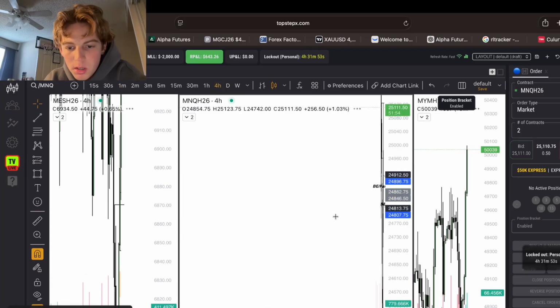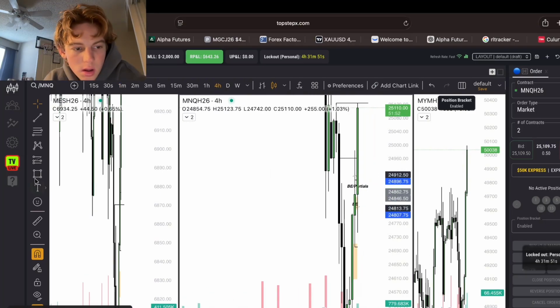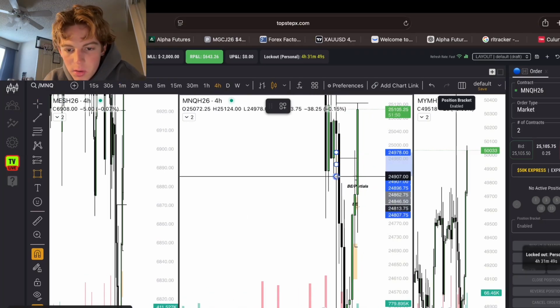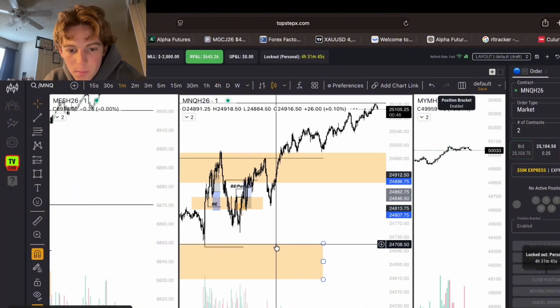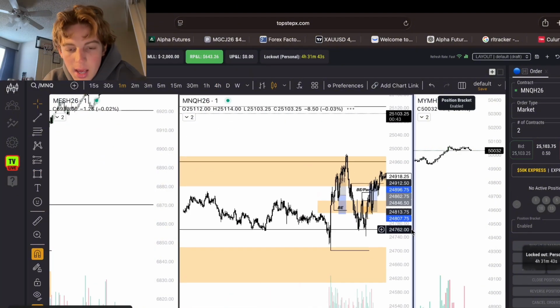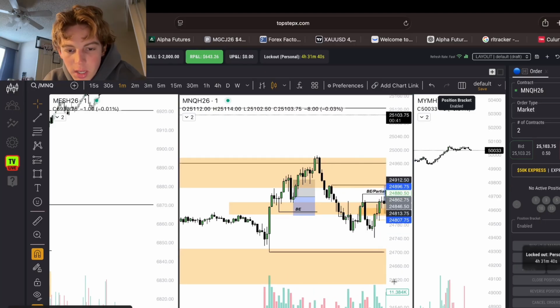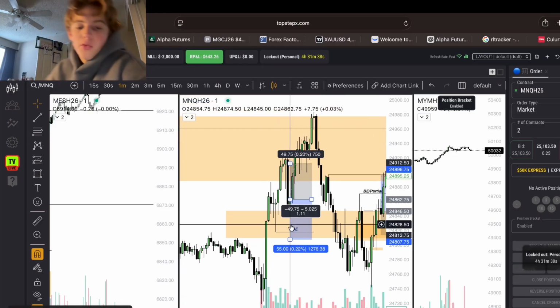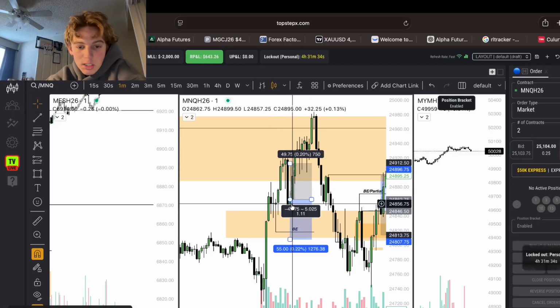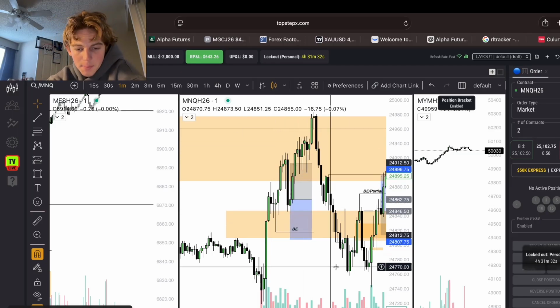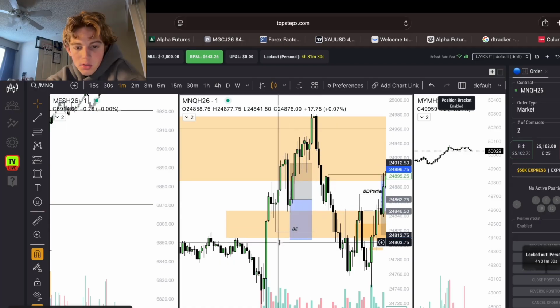Let me see at this point, did we tap this 4 hour gap? I want to see, because I may have made a mistake there and entered too early, because we definitely had higher to go. Yeah, okay, so the first entry tapped the 4 hour gap, took out the internal high. We got this nice displacement through these two 1 minute gaps, targeting this internal low, and then just to a 1-to-1.